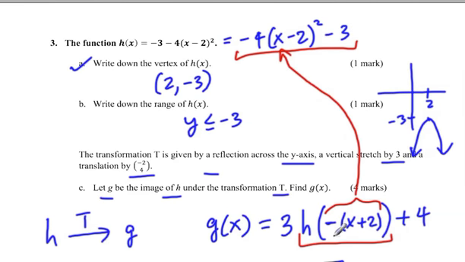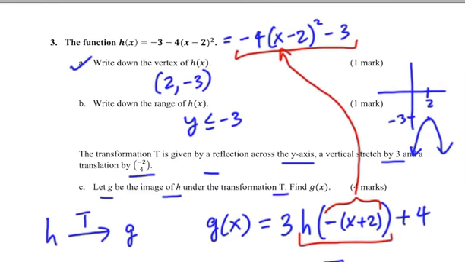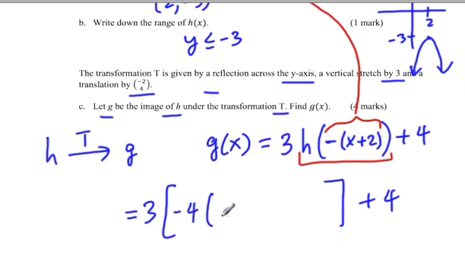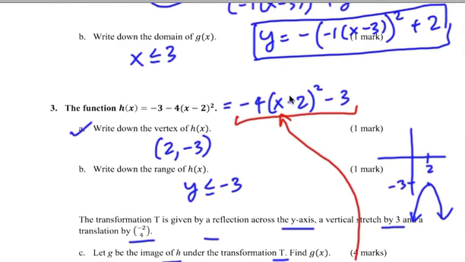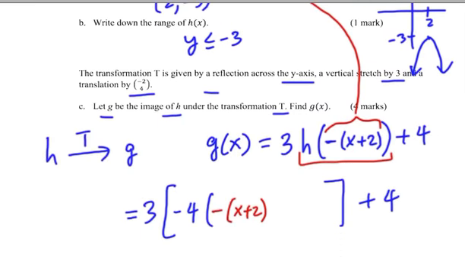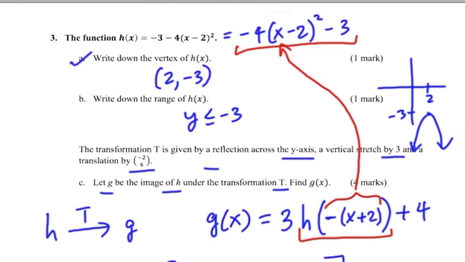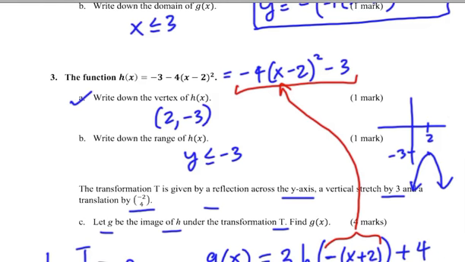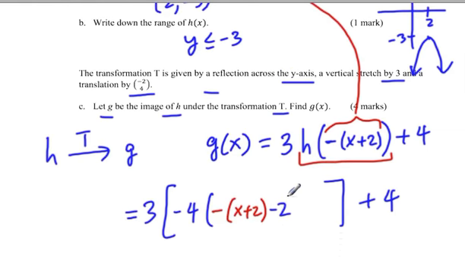So instead of x, I'm going to write negative open bracket x plus 2, close bracket. That's just going to replace x. Then what's left? There's the minus 2, which I'm going to write in blue. Let's go back up. I see a parenthesis, so I'm going to close it right there.